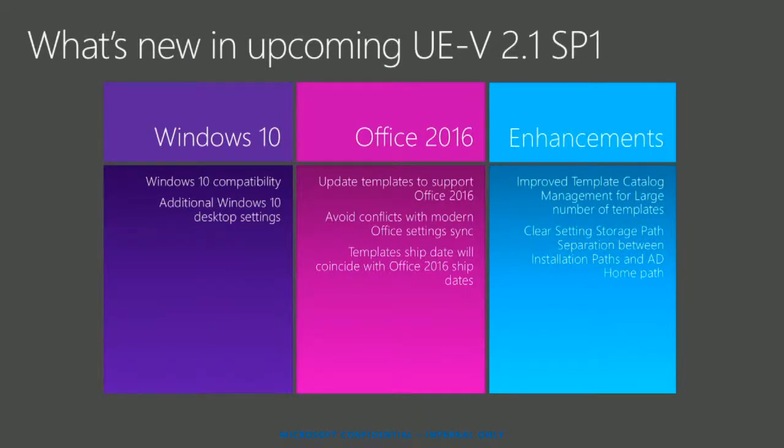Another interesting one, sorry, is compatibility for Office 2016. It's been announced somewhere this week. To make sure that the templates are working, that the templates are not provided out of the community for the new Office version, Microsoft decided, okay, we're going to publish a new version of the agent, SP1, compatibility Windows 10 and Office 2016. A couple of other things that are updated.